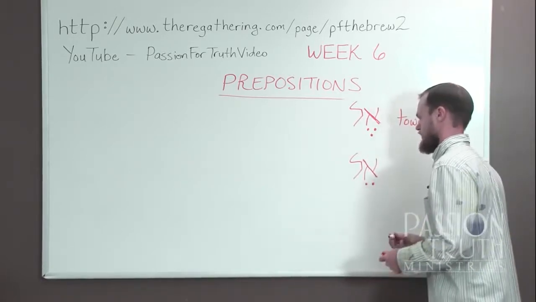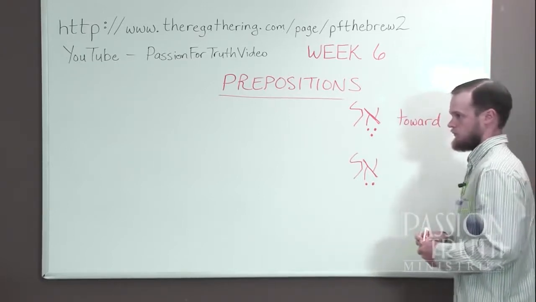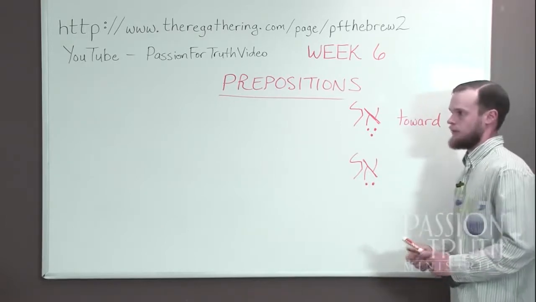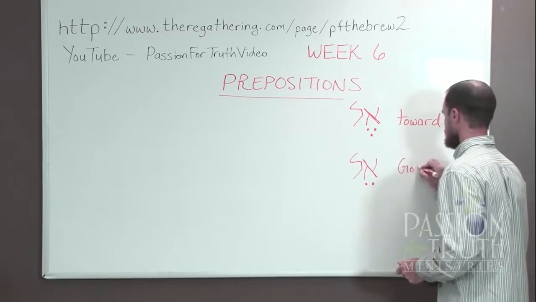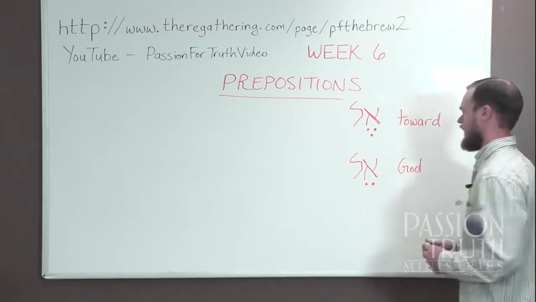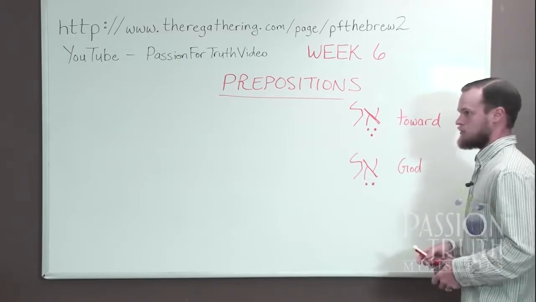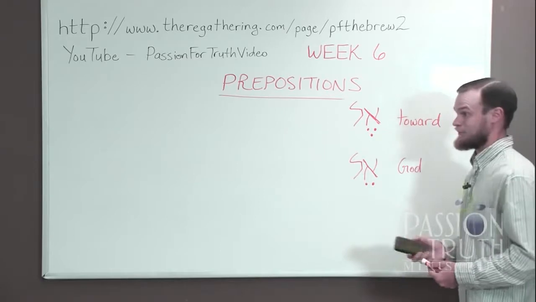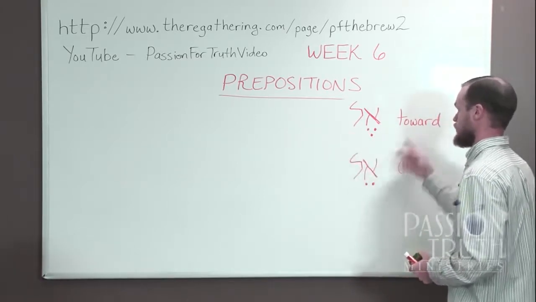Now you'll hear this also pronounced El, although I would pronounce it Ale for the long A of the tzera. And El is a short form of Elohim. So El would mean God. Now in context, it'll be pretty obvious which one of these is intended, but just be aware that they're both basically spelled the same way. But this L is the preposition toward.